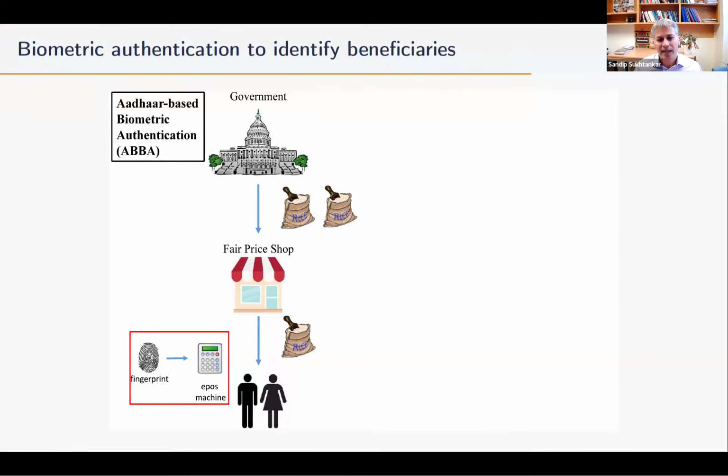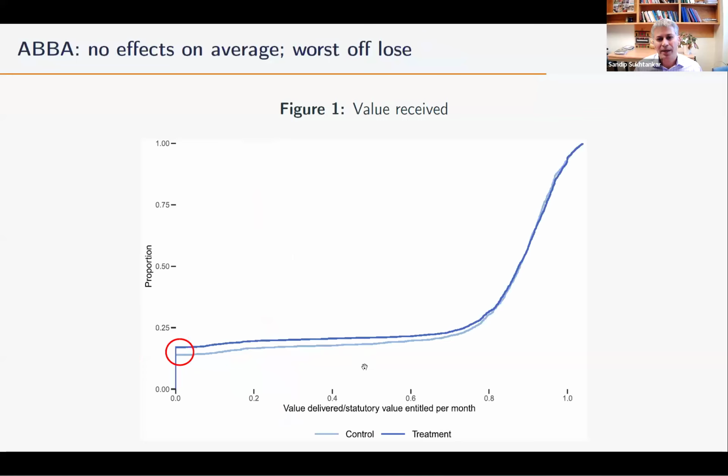When we looked at the data, basically what happened is nothing, right? So nothing on average, but there was a higher proportion of treatment households that got zero value.